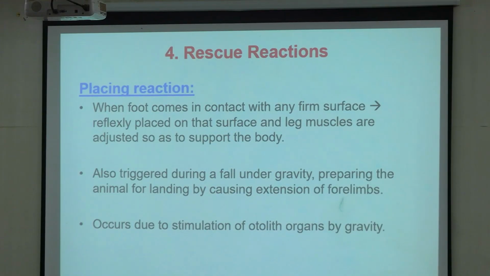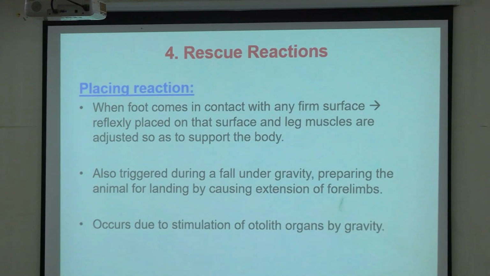Both will be adjusted accordingly so that the foot can be placed firmly. This reaction is also triggered during a fall, preparing the animal for landing by causing extension of the forelimbs, right? These reactions and reflexes were initially discovered in animals, and as I say, in most cases experiments on cats.